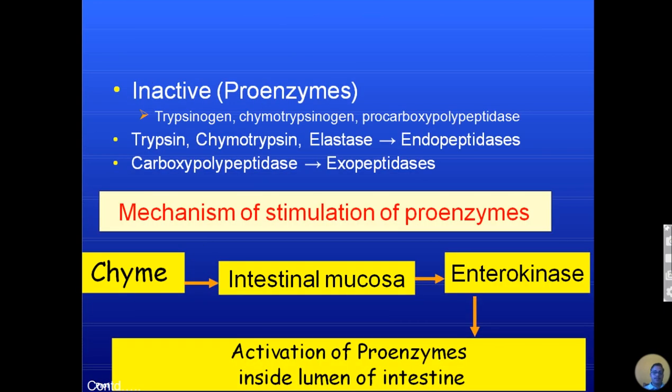Now see, just as in the gastric secretion in the morning, I was persistently telling you: if the acid is liberated from the gastric mucosa and comes out within the canaliculus or the lumen, can acid digest the gastric mucosa itself?